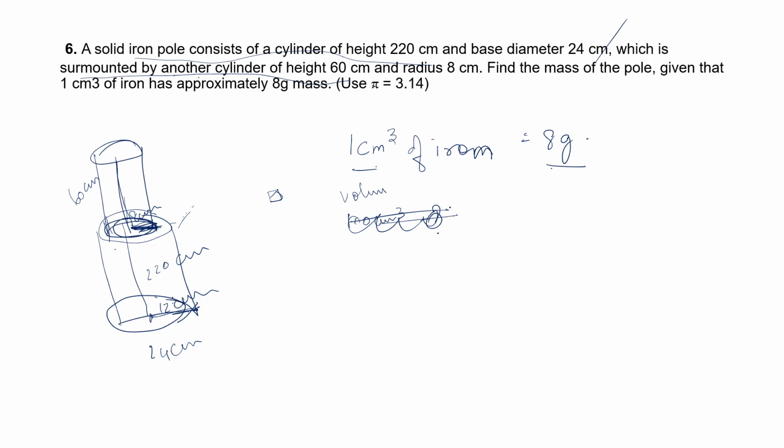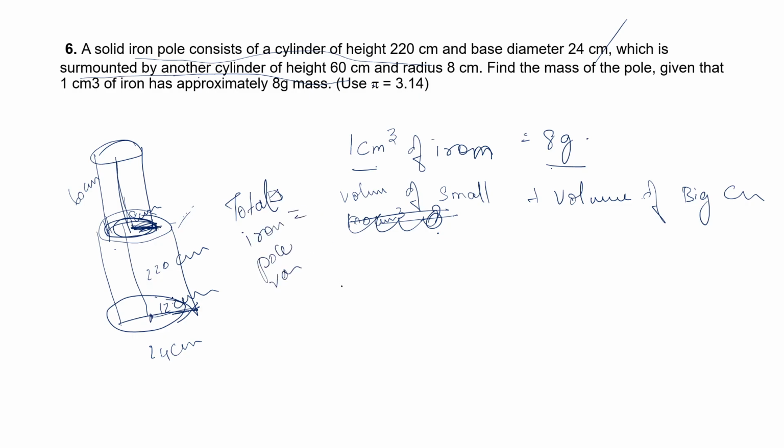Okay. So the volume of this will be volume of small cylinder plus volume of big cylinder, right? Both are in the shape of a cylinder only. So both are pi r square h only, but the r is different.